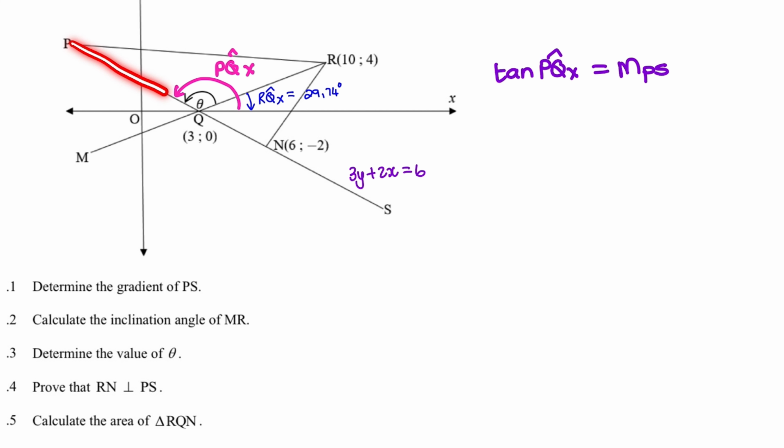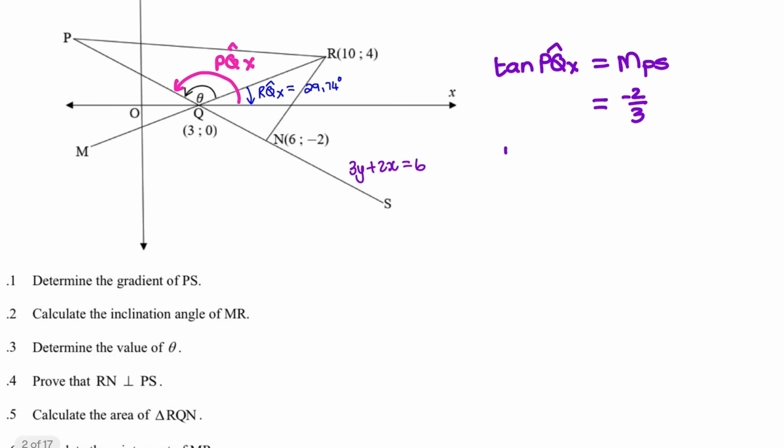So PS is that line, and we found that gradient in the first question. So the tangent of PQX would be equal to -2/3. And again, if I use my calculator, I can find the angle of PQX. So I put in Shift Tan and I enter in the fraction, and that will give me an answer of -33.69 degrees.